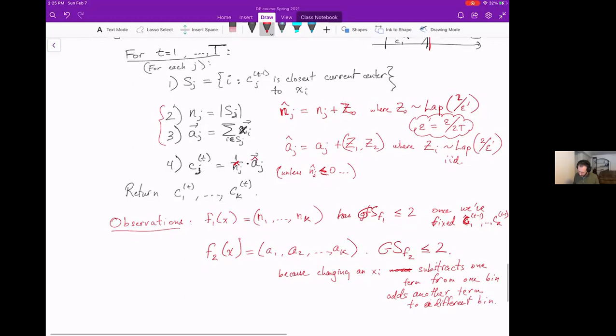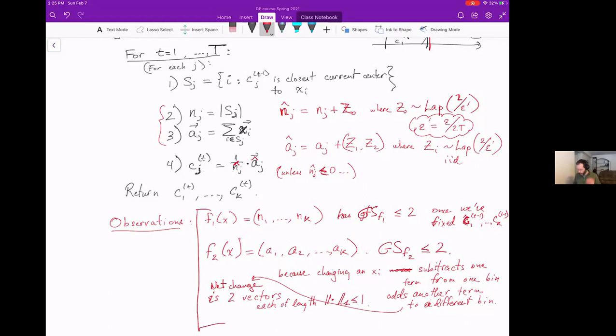And so the net change consists of the addition or subtraction of 2 vectors, each of length at most 1 in the L1 norm.